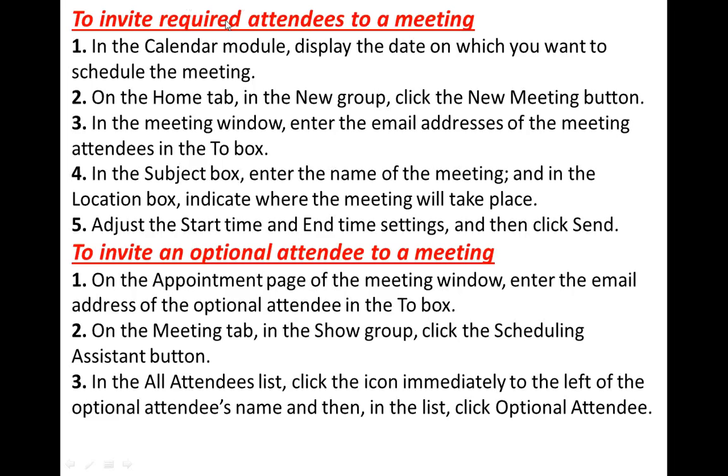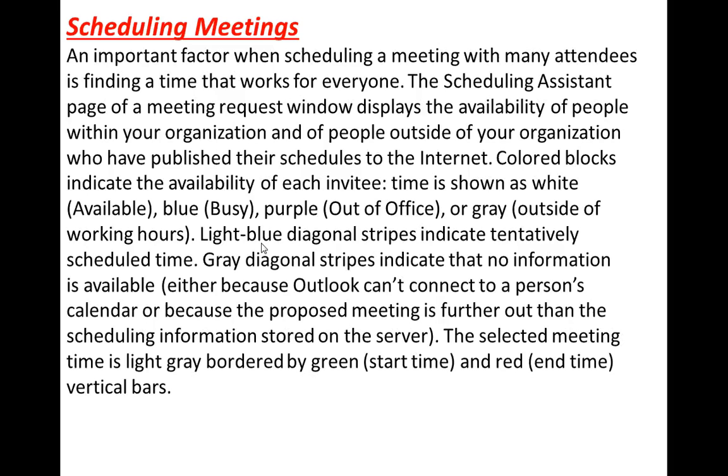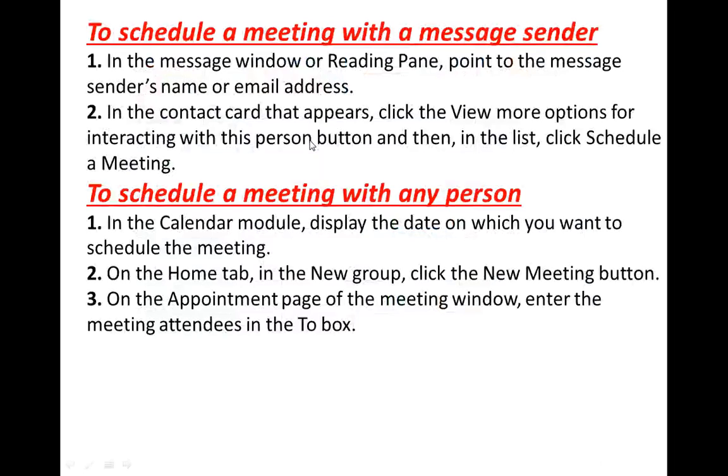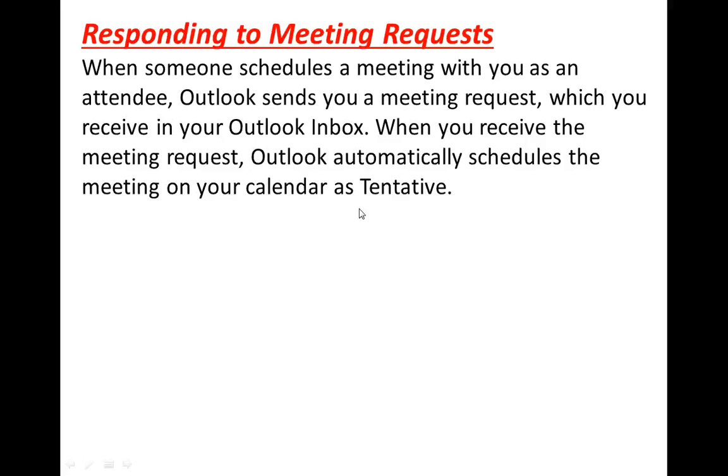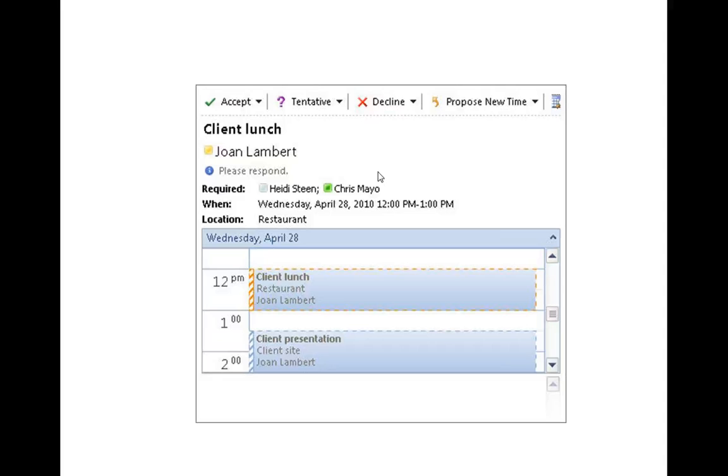Required means they are mandatory attendees. Then how to schedule meetings, how to schedule a meeting with a message sender or with any person. Then how to respond to the meeting request.